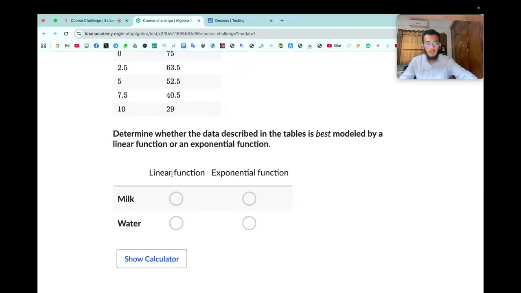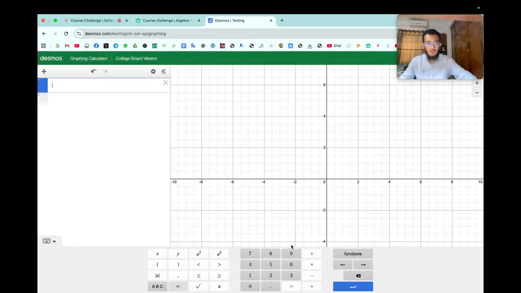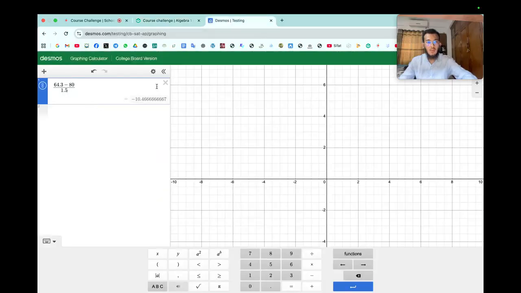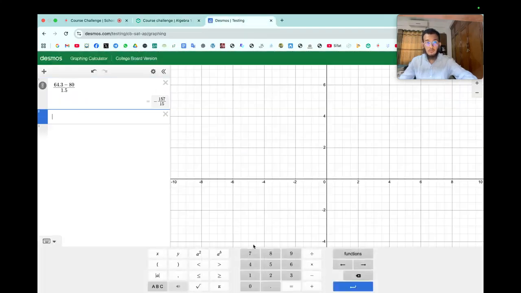Okay, so we have a calculator. We know that this is x and this is y, so y2 minus y1 over x2 minus x1. So if the gradient is the same, then we know that it's linear, where the gradient remains constant.